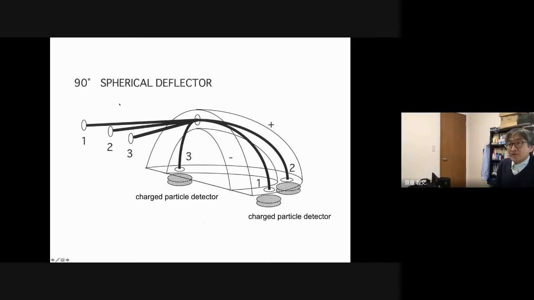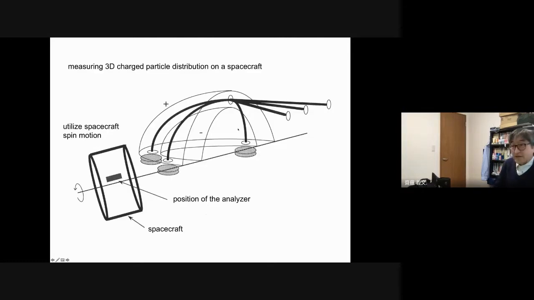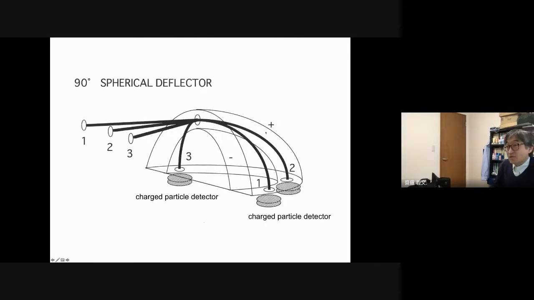This figure shows a schematic of a 90-degree spherical deflector. There is an inlet part here, and the detector, the channel multiplier or MCPs, is here. When particles come perpendicular, or normal, to the inlet part, they fly in a circular path like this and are detected by this detector.